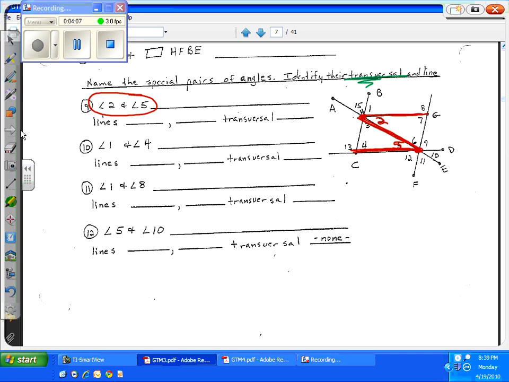When you put that together, you see the Z, and we put some letter association to those special pairs of angles. The names of those special pairs of angles, remember, are alternate interior angles, corresponding angles, and same side interior angles.